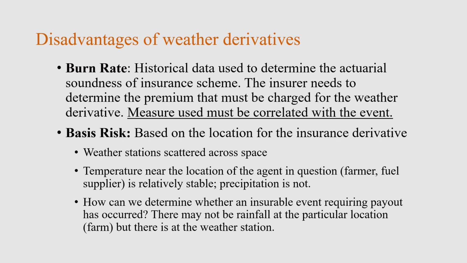We can find that a field will get precipitation during one day and the field next to it gets none. How can we determine whether an insurable event requiring a payout has really occurred? There may not be rainfall at the particular location or farm, but there is at the weather station on which the risk is based. So the instrument is based.